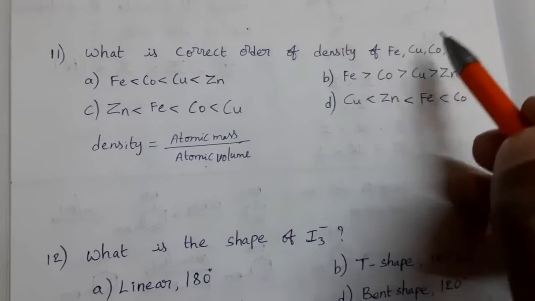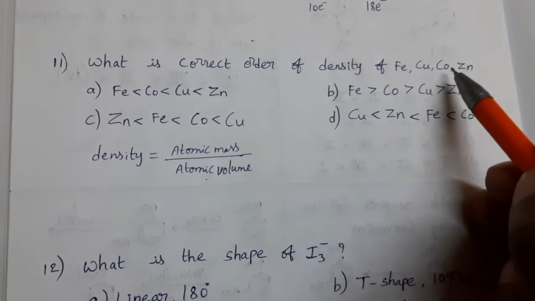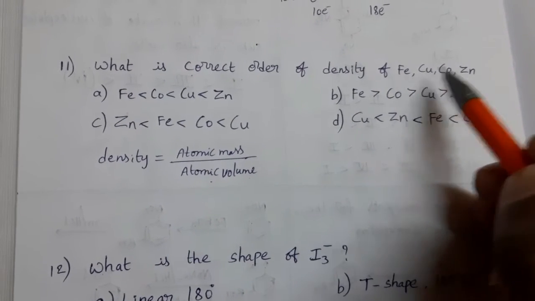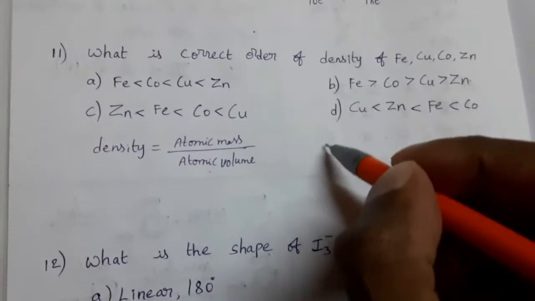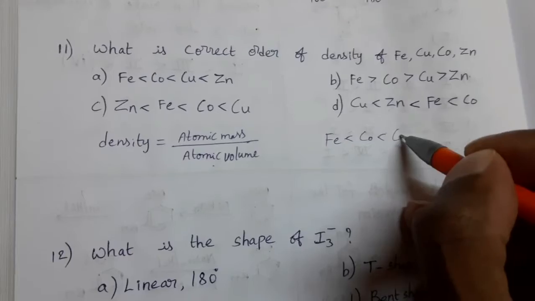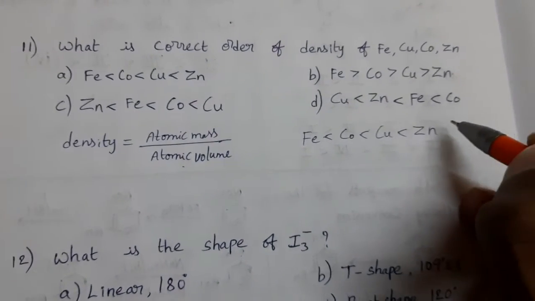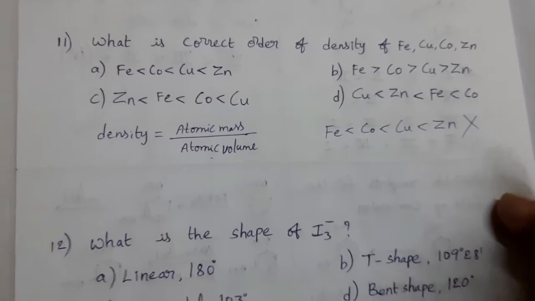So actually the order should be iron less than cobalt less than copper less than zinc. This is our expected order, but actually this is not correct.